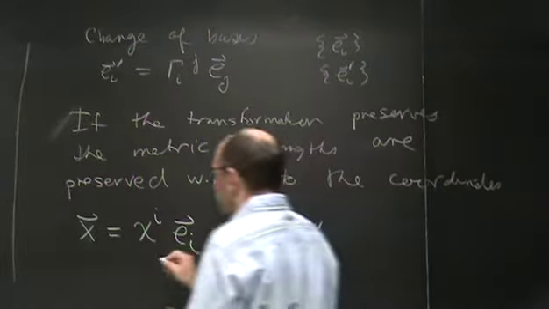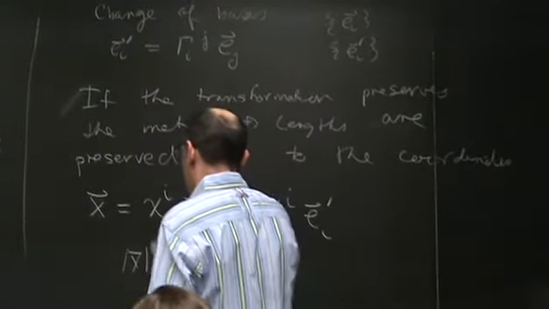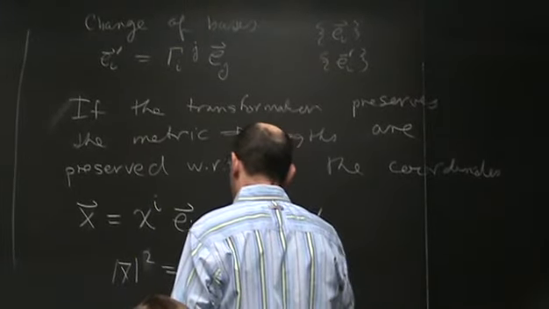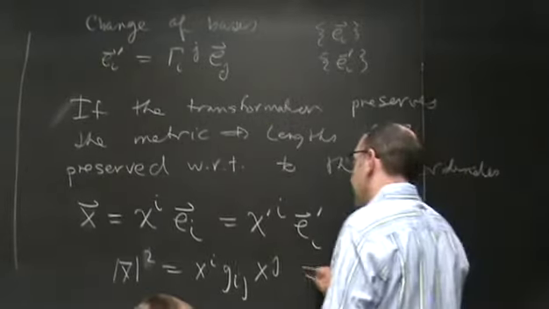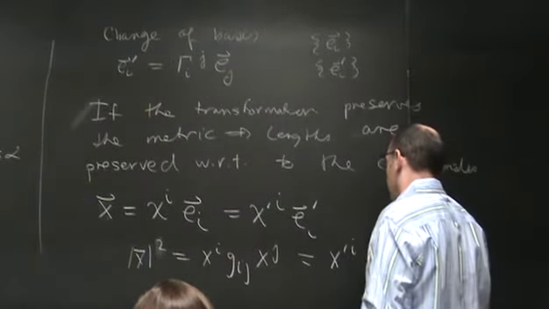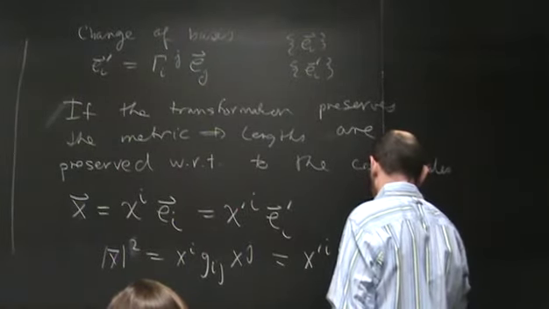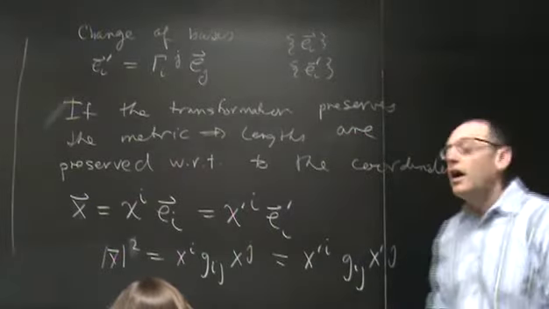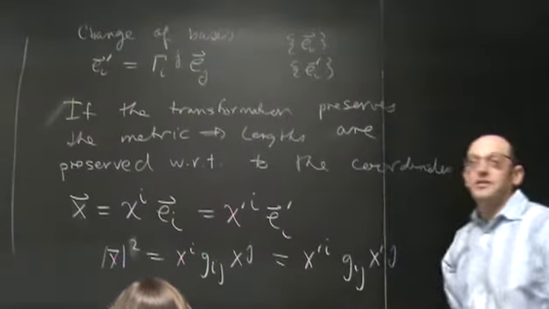And the length squared by definition was that. What we want is we want to look for the set of transformations such that this, with respect to the new coordinates, I use the same metric. The question is, what is the condition on the transformation matrix such that this is true?